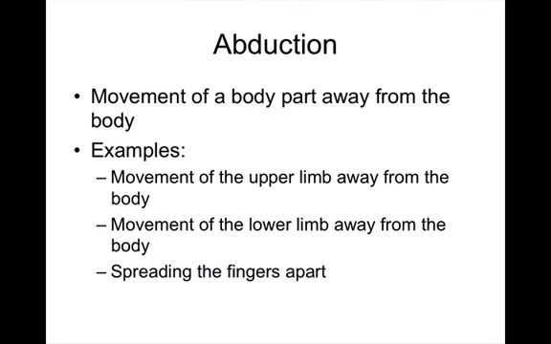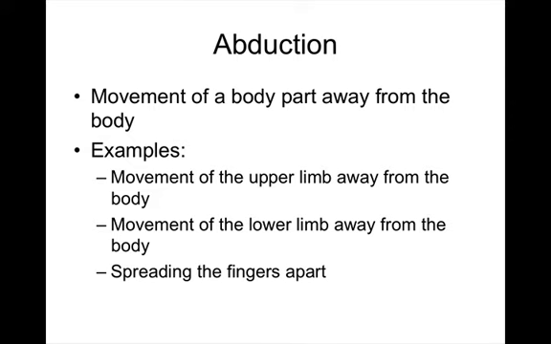When we talk about abduction, this is movement of a body part away from the body. So we can have some examples of this. This is movement of the upper limb away from the body. We can move the lower limb away from the body. That is also abduction. Spreading the fingers apart is abduction. So let me just key in on the upper limb example.